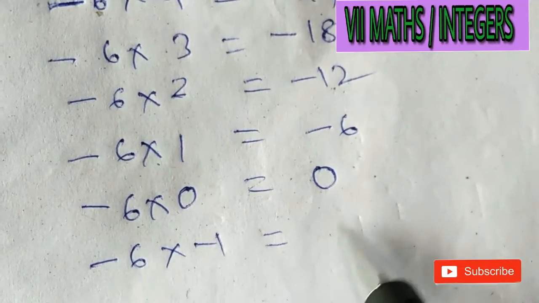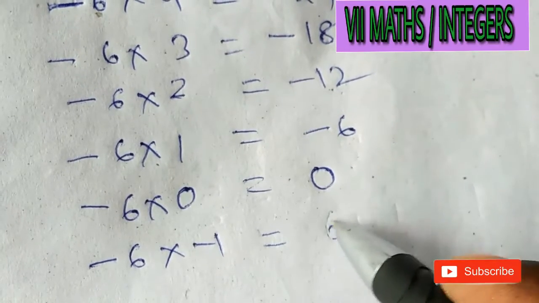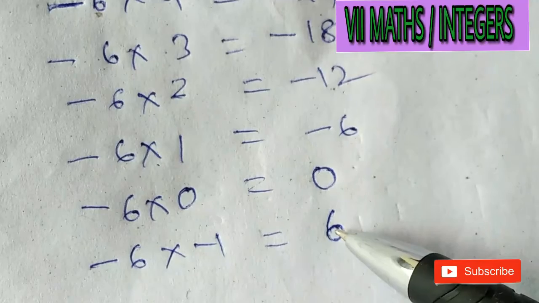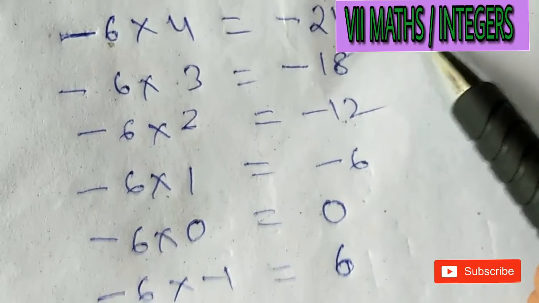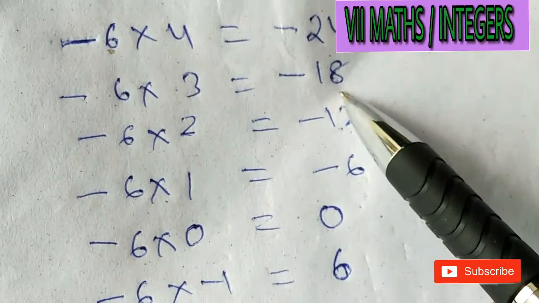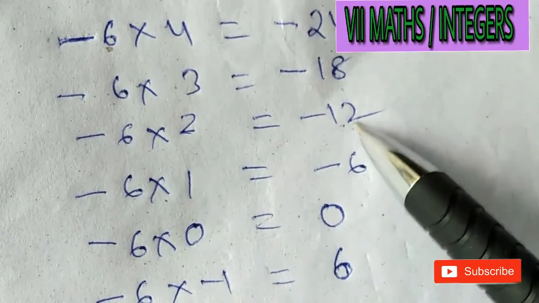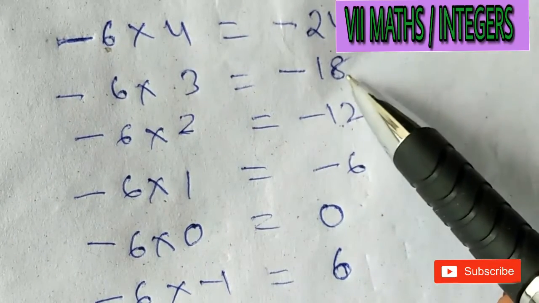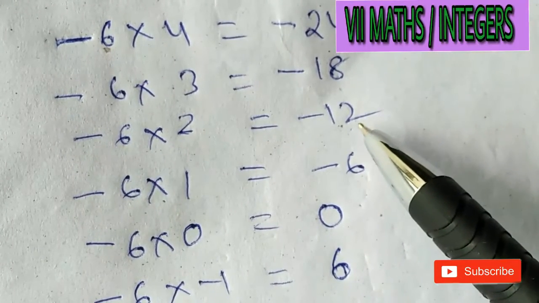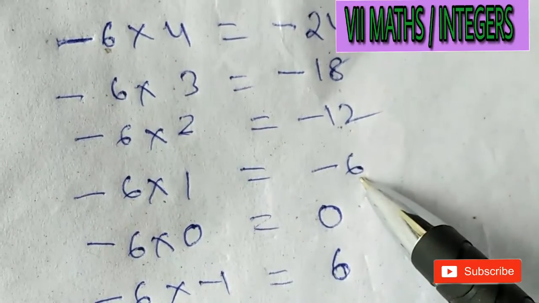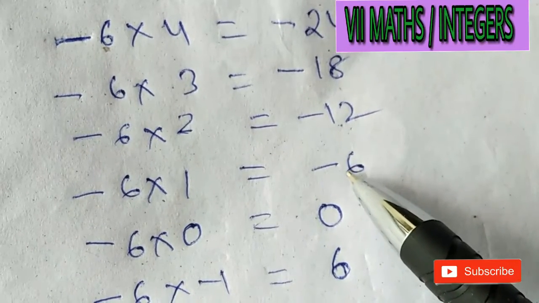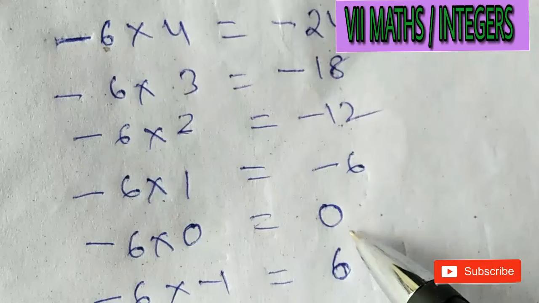So here also we should increase by 6, positive 6. Why? Because it should be increased by 6. Minus 24 increased by 6 gives minus 18, again add 6 to minus 18 you get minus 12, again add 6 to minus 12 you get minus 6, again add 6 to minus 6, it is 0.